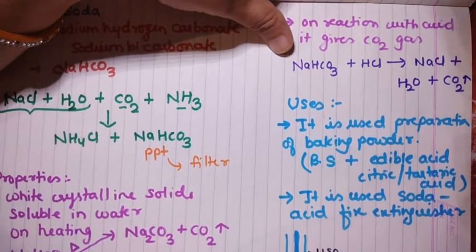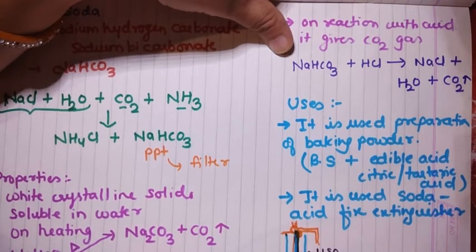Now what will happen if you pressurize it? This is a nozzle, and if you pressurize this nozzle, this pressure will be transferred back, and the tube with the acid will burst, and this acid will come in contact with your baking soda.